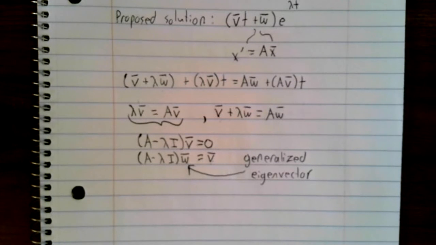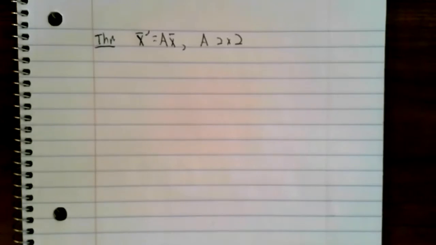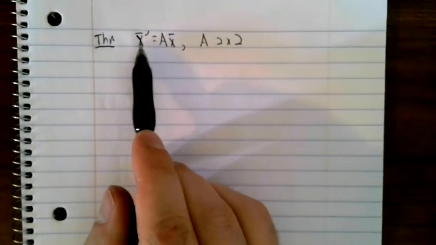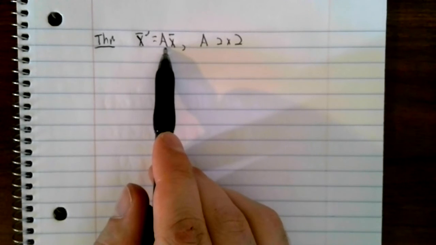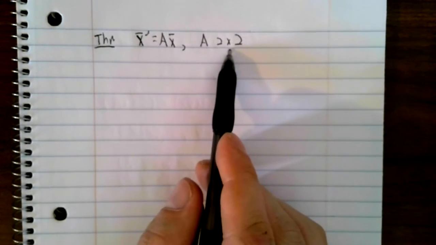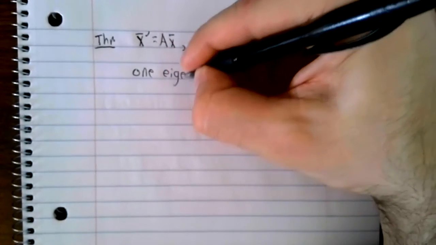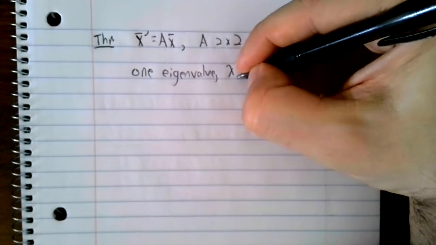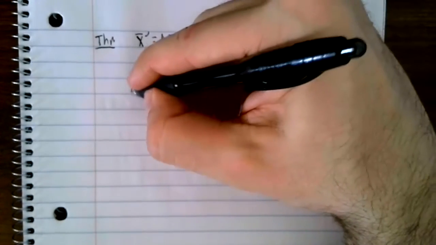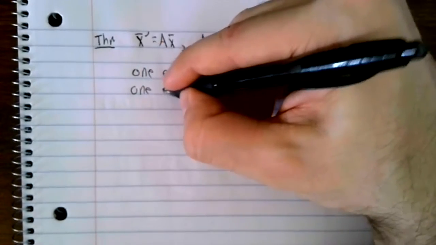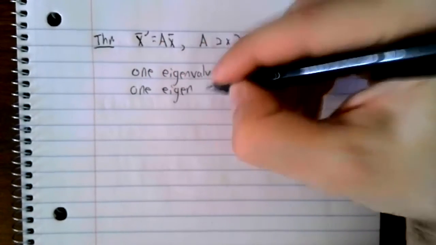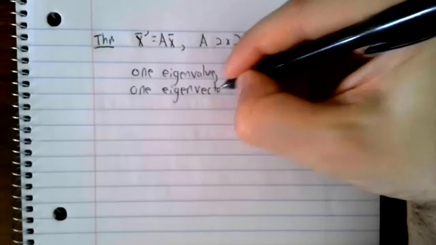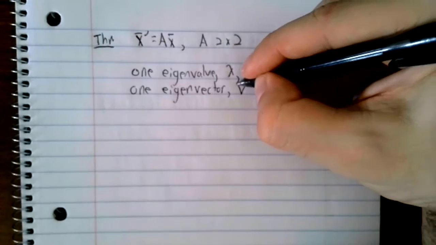So, theorem. Let x prime equal Ax, where A is 2 by 2. Suppose we have a single eigenvalue lambda and a single linearly independent eigenvector v.